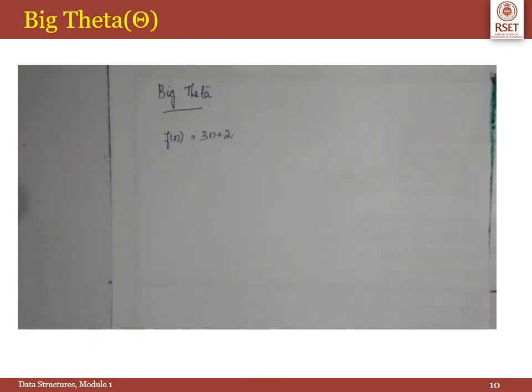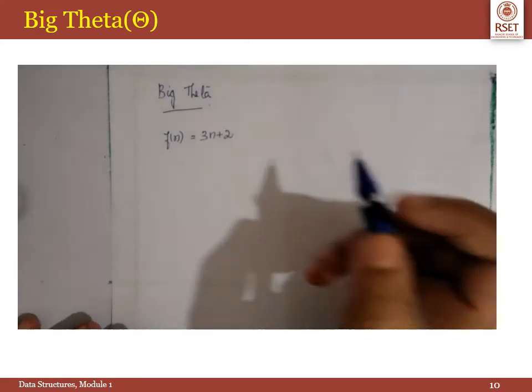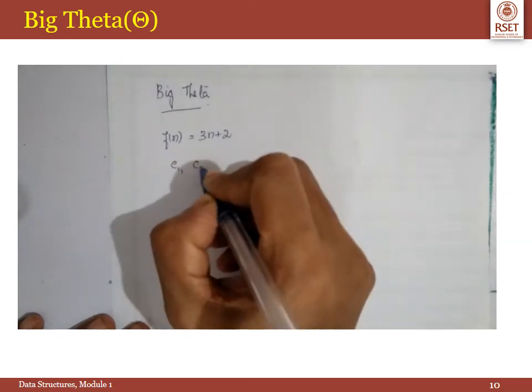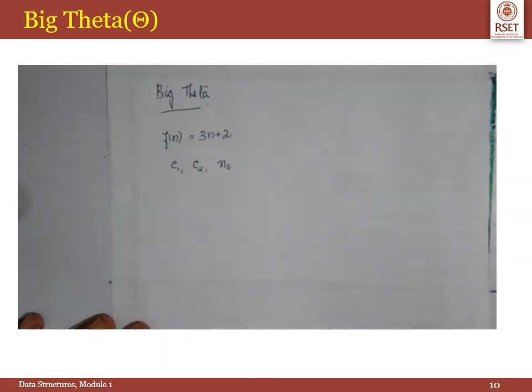Actually, theta notation is considered to be the most useful because it will give you an exact picture of your function, right? So here we need to find three positive constants, c1, c2, and your break-even point n0.